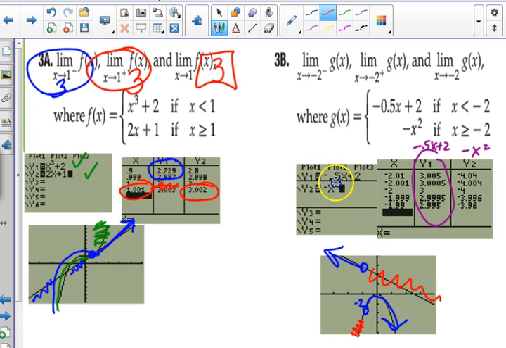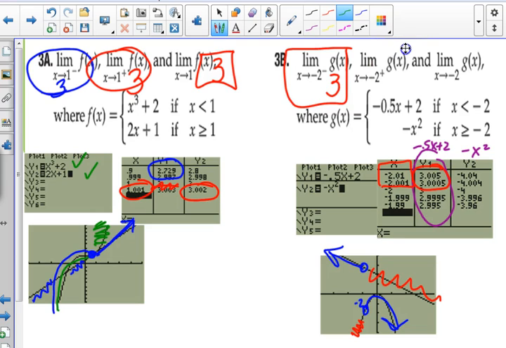What's happening to the left of negative 2? What is it getting closer and closer to? Can you tell? Here, okay, what's the first number to the left of negative 2? Negative 3 is the next integer, right? So these two numbers are to the left of negative 2. Do you agree? Okay. To the left of negative 2, it's supposed to be this equation. What is it getting close to? 3.